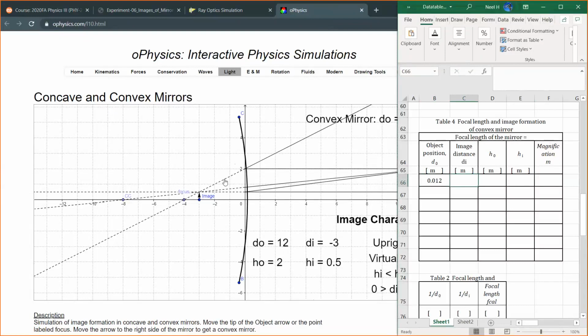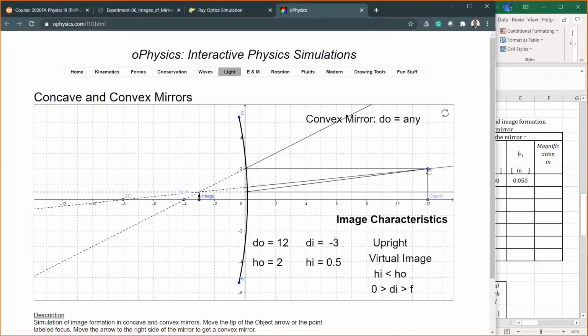This image is formed by extrapolated, extended rays, the dotted rays, so it should come with that negative sign. Negative 0.03, about 3 centimeters. H0 is 2 centimeters. Hi is about 0.5. Hi is positive because it's an upright image.